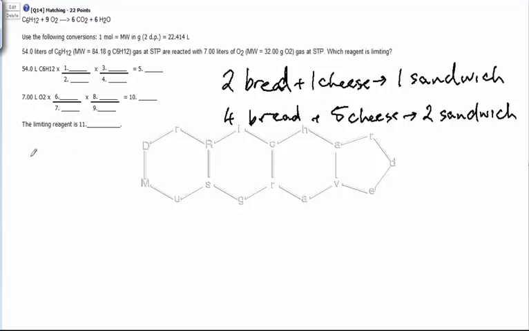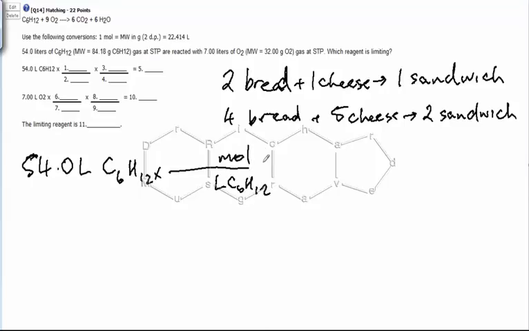Alright, so starting out, we've got 54.0 liters of C6H12 times a line. We know that liters of C6H12 goes on the bottom. We know that moles of C6H12 goes on top because that's what we're looking for.